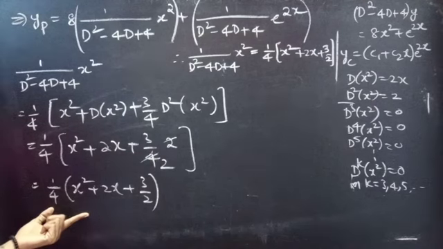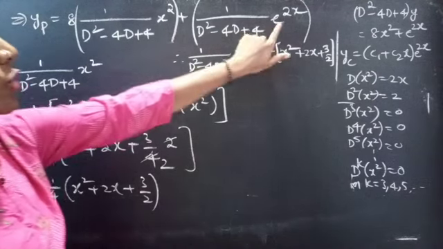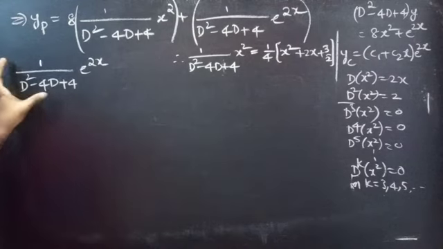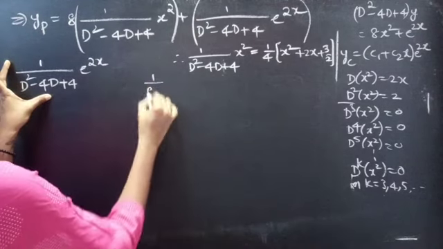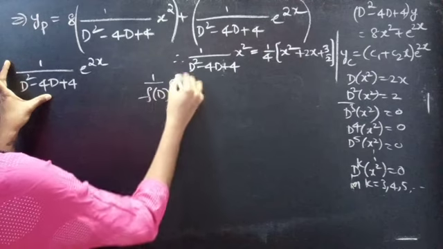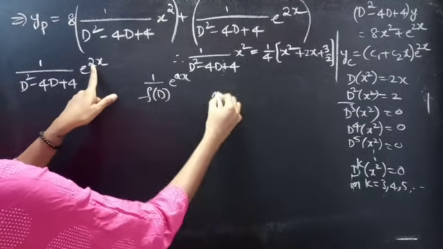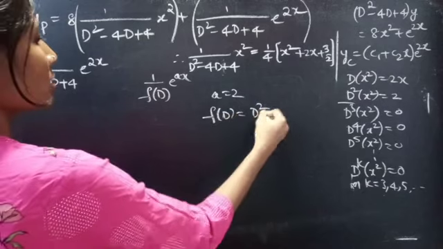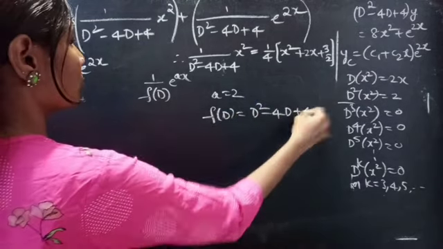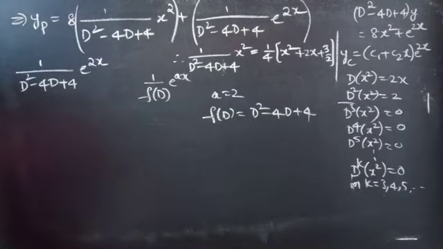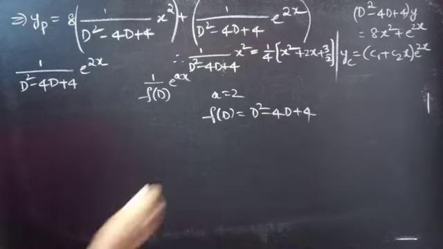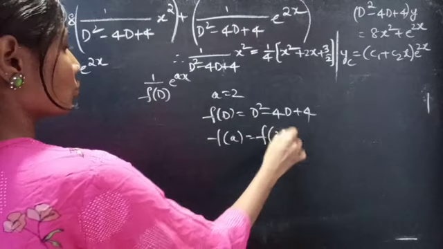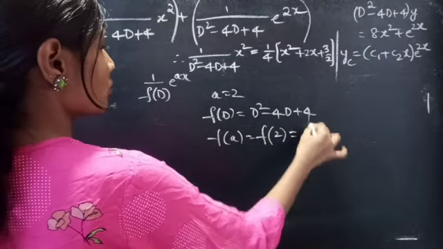Okay. Now let's find 1 by f of d into e power 2x. This is of the form 1 by f of d into e power ax for a equals 2. We have f of d equals d square minus 4d plus 4. Now let's find f of a, which is f of 2. Just replace d by 2.